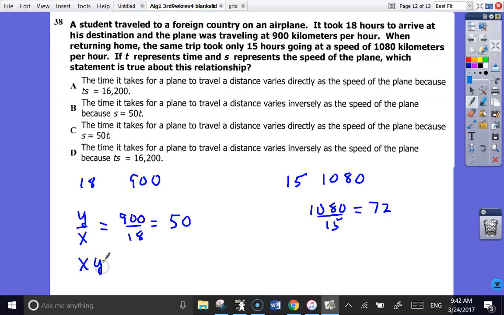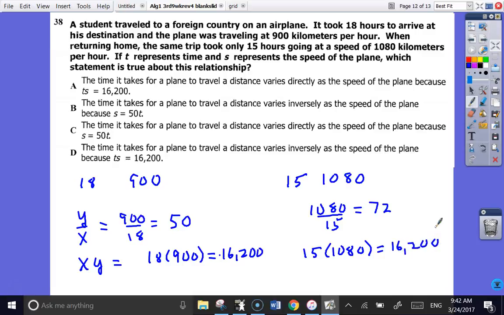If this is inverse, then x times y should be constant. So what is 18 times 900? 16,200. Okay. What is 15 times 1080? 16,200. So in fact, it looks like x times y is constant. That means it's an inverse. So let's see. Letter A says varies directly because TS is constant.